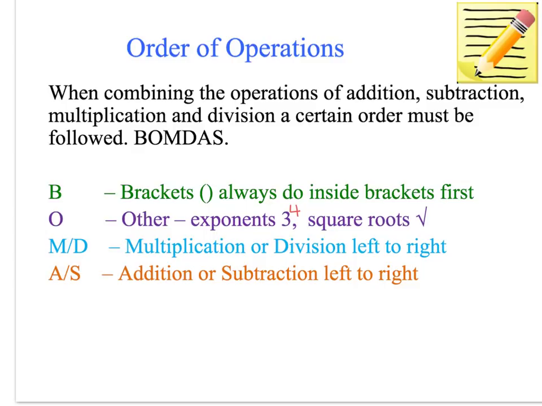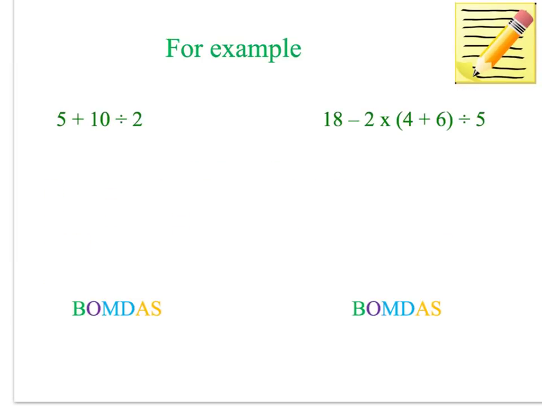So you do addition first if it appears left to right, otherwise subtraction might appear before addition, then you do that. So we're looking left to right with multiplication, division and addition and subtraction to see which one we do first. Now I'll show you some examples, and I've written BOMDAS down the bottom so I can cross them off once I've done them.